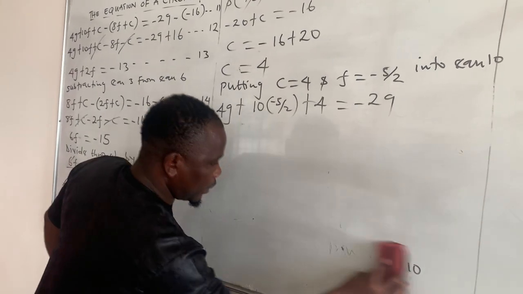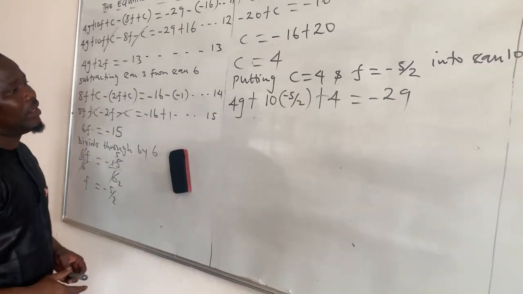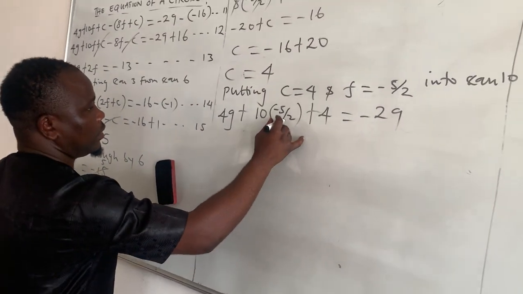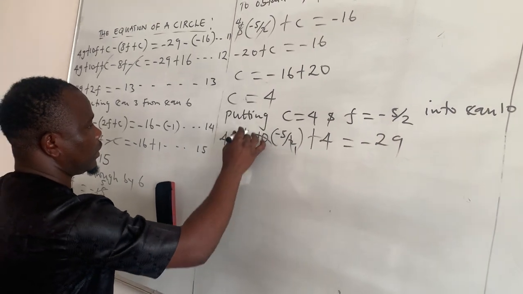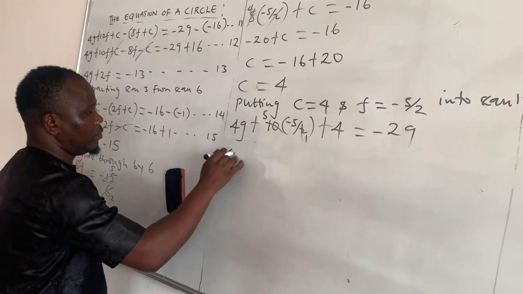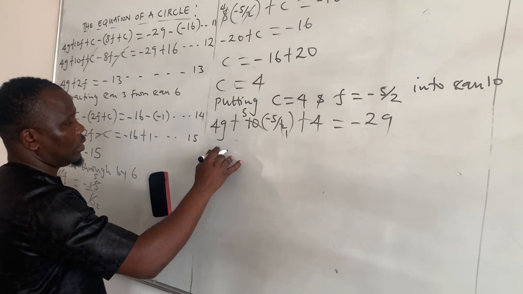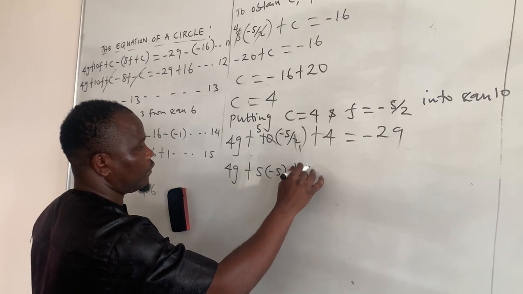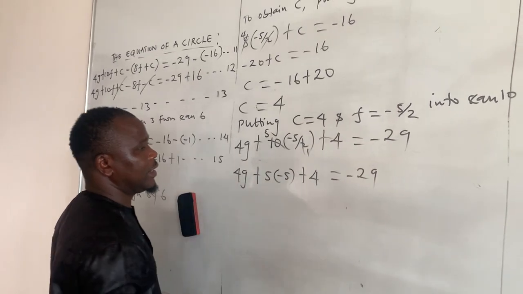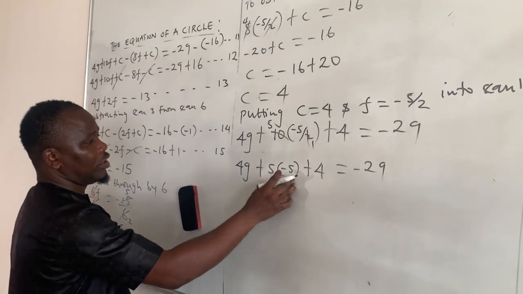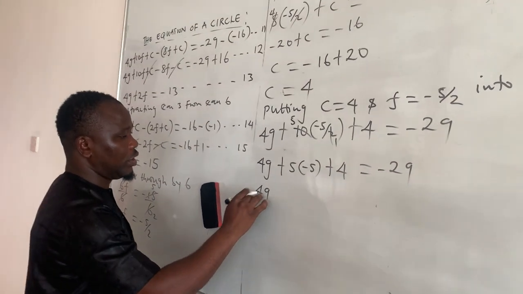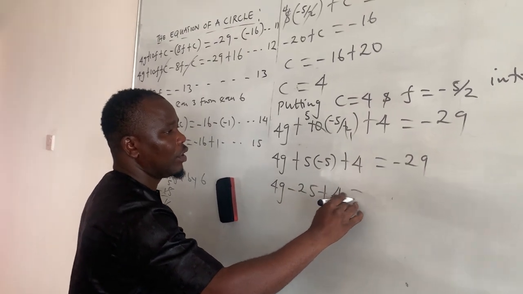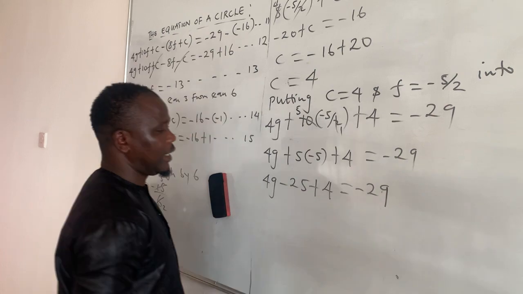So if you agree with me, without loss of generality, 2 to itself 1, 2 to 10 will give us 5. So here will be 4g plus 5, all in bracket, minus 5 plus 4 equals to minus 29. Multiply out this bracket, will give you 4g minus 25 plus 4 equals to minus 29.